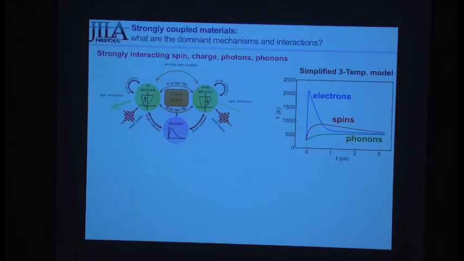So the experimentalists would take this very complex system and do a very crude phenomenological 3-temperature model, where, of course, the heat capacity of the electron bath is much smaller than the lattice. So the electron temperature spikes up to thousands of Kelvin, and then they would start to interact with the spins and phonons.